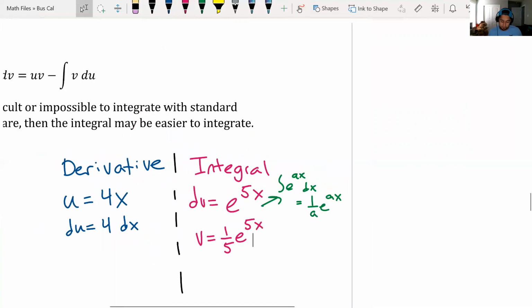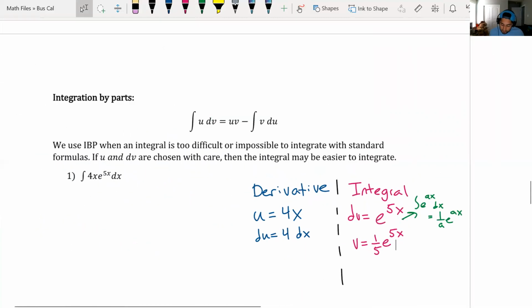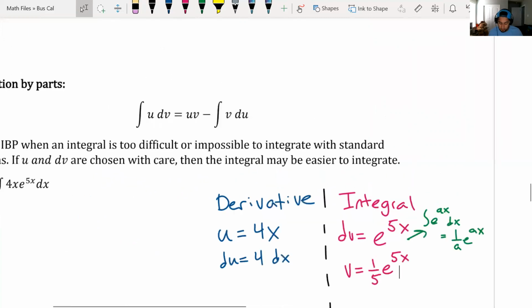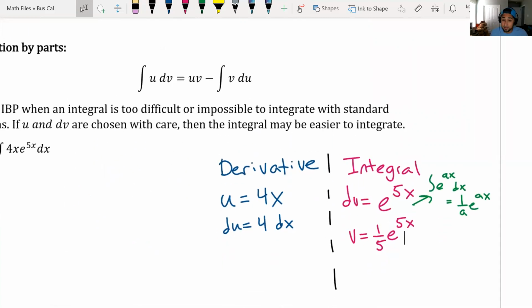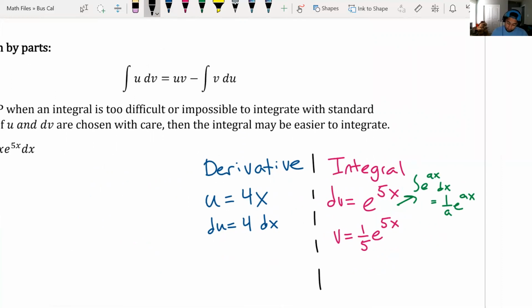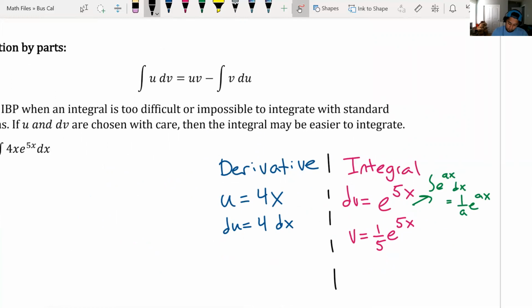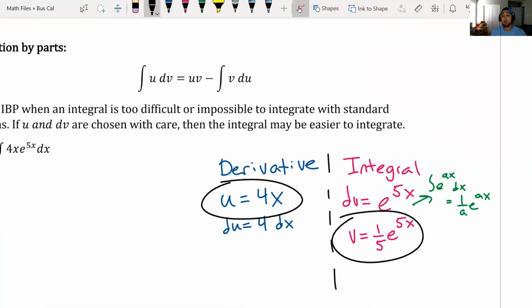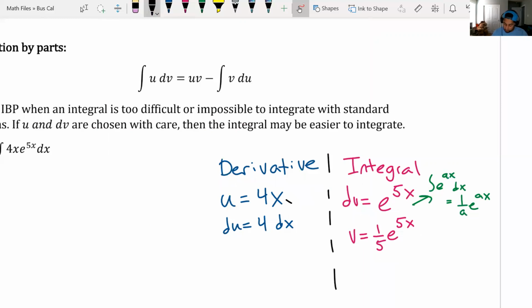Okay, so we are now ready to follow the formula above. The integral of u dv is going to equal u times v. So we take u and multiply it by v. That's the first start.